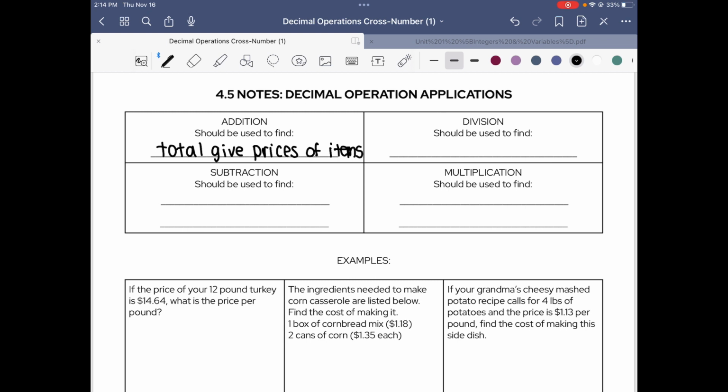We would use subtraction if we want to find, say, our total after discount. So if you have a coupon for $2 off, you would find your total and then subtract 2 because you have $2 off.